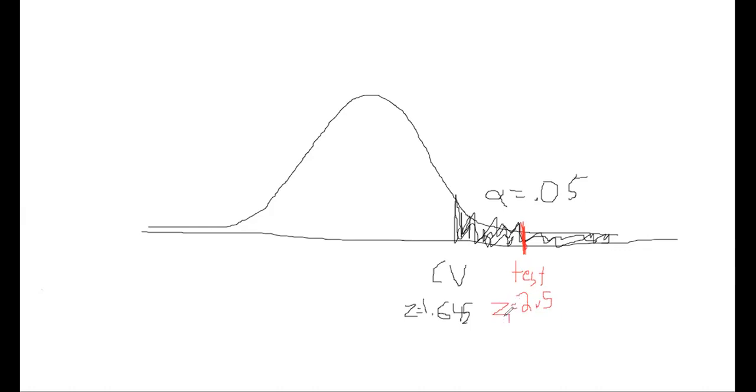If we want, we can call it z sub t, z sub test. But we got a test value of 2.5. So what happens here is this test value is in our critical region. This is saying, hey, this is extreme enough that my assumed mean doesn't seem reasonable. So this is why we're rejecting the null hypothesis.